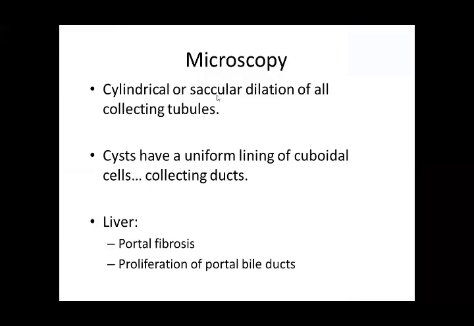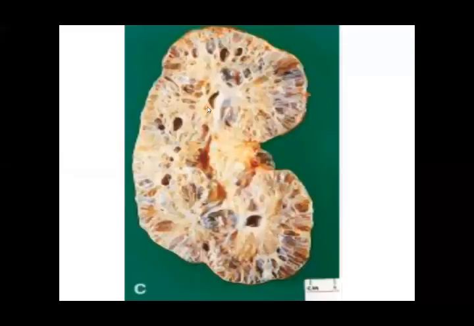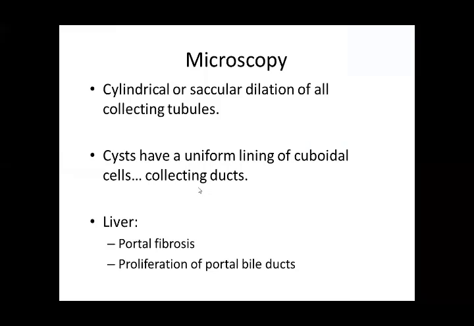There is cylindrical or saccular dilatation of all the collecting tubules. Cysts have a uniform lining of cuboidal cells, collecting ducts. The liver has portal fibrosis and proliferation of portal bile ducts. You agree with that?